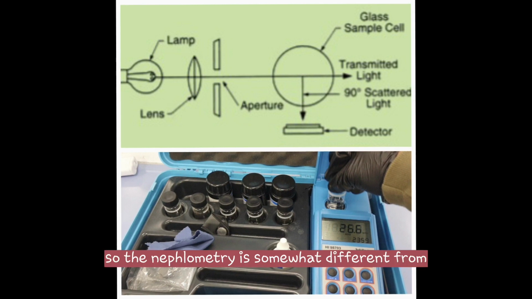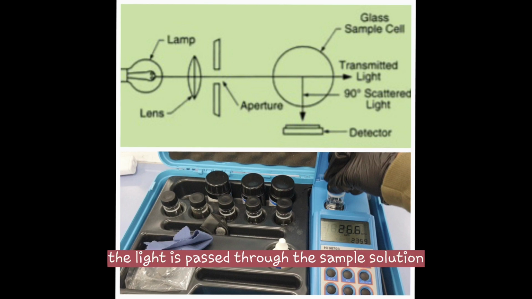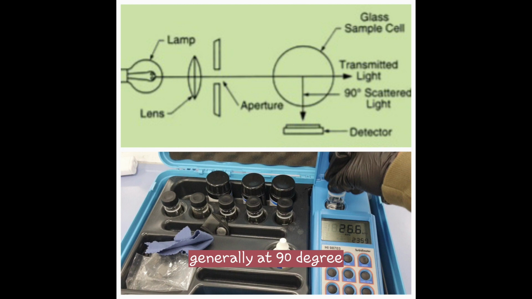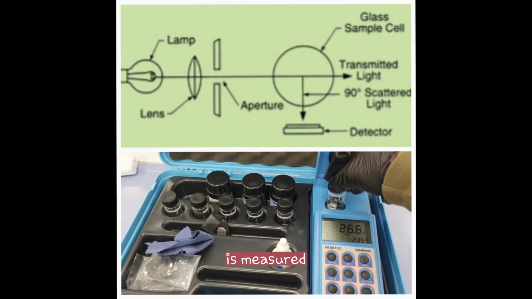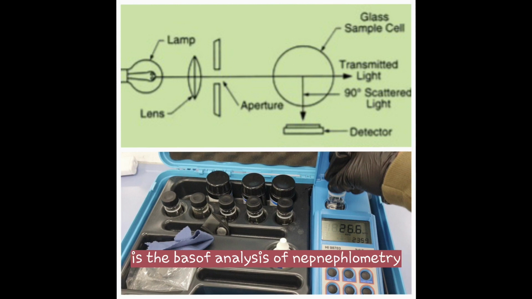Nephelometry is somewhat different from the other devices. In nephelometry, the light is passed through the sample solution and the suspended particles directly, and the amount of scattered radiation is measured generally at 90°. The measurement of intensity of scattered light as a function of concentration of dispersed phase is the basis of analysis of nephelometry, or the turbidity meter.